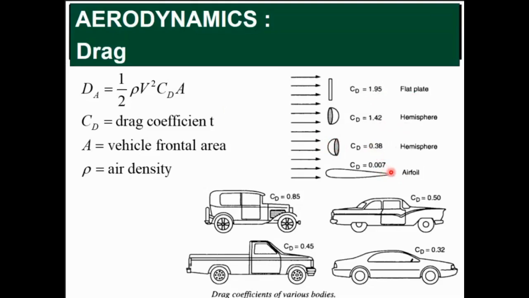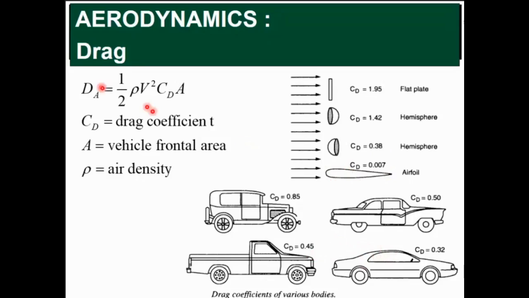Okay, so airfoil shape is normally applied to the aerospace industries, to reduce the aerodynamics drag. Okay, and then this type, there are several types of vehicle and their CD. Okay, when we compare truck and vehicle, they are different CD.